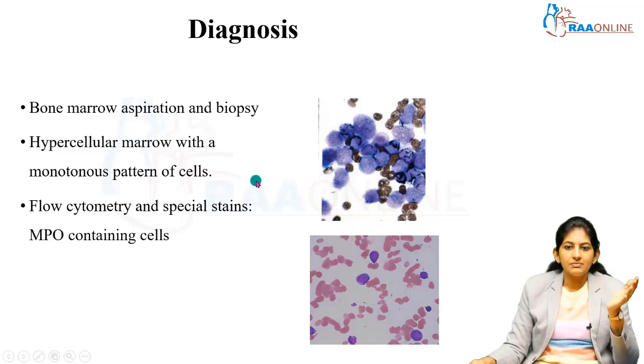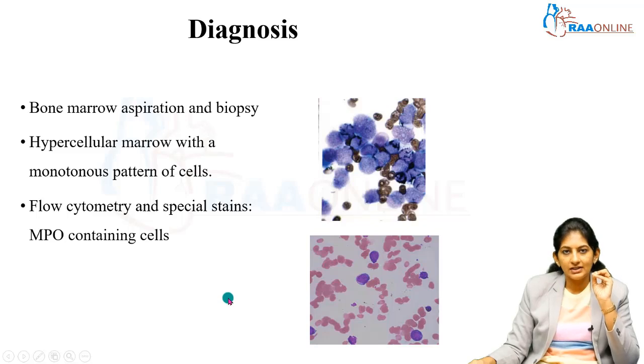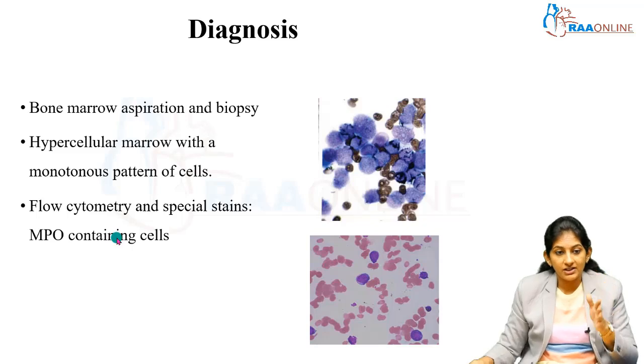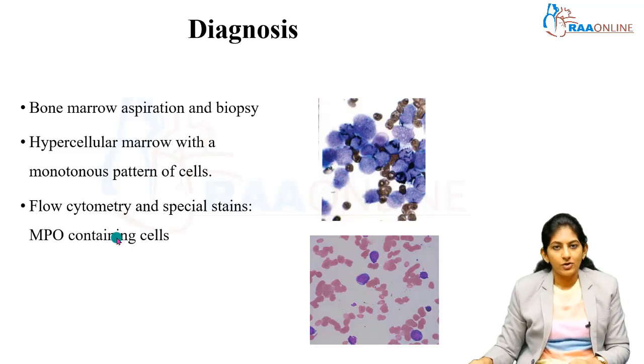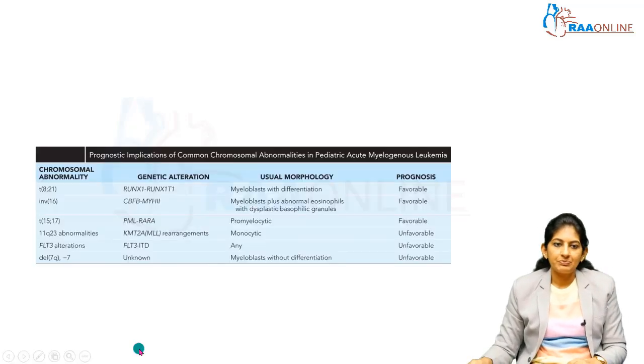Based upon their appearance, you can classify them as monocytic, myelomonocytic, basophilic, eosinophilic or erythroid, based upon what you see in the bone marrow biopsy. There are special stains, and your flow cytometry will clinch the diagnosis. With special stains, AML will stain positive for MPO, myeloperoxidase positive cells.